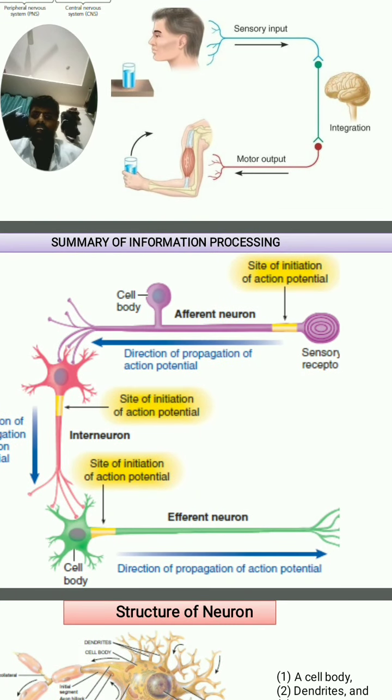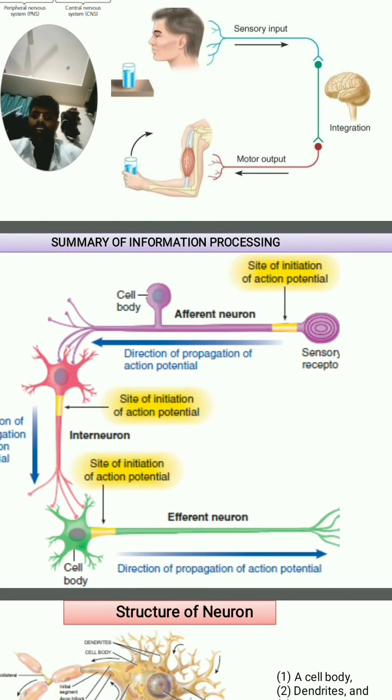Due to the movement of ions, when it reaches the interneurons, an appropriate action takes place, and it further sends information to the efferent neurons. Efferent neurons carry the information away from the interneurons, and when it reaches the target parts of the body, action has been elicited.